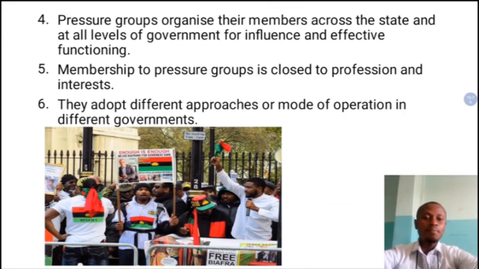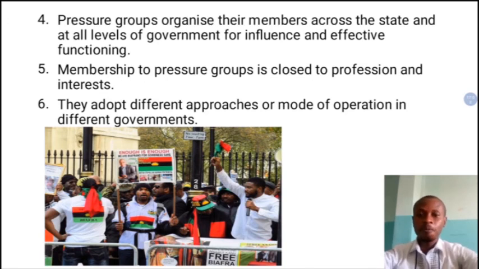So if they have members at all corners, the nooks and crannies of the state, and not only that, have their members at all levels of government, from the ward level to the local government level to the state level and to the national level, then their voice can easily be heard. When they speak, people will hear them. The government will hear. So every pressure group will not want to restrict its activities to a particular region or a particular state. No, they want to expand their scope, their horizon, so that they will be able to influence government properly.